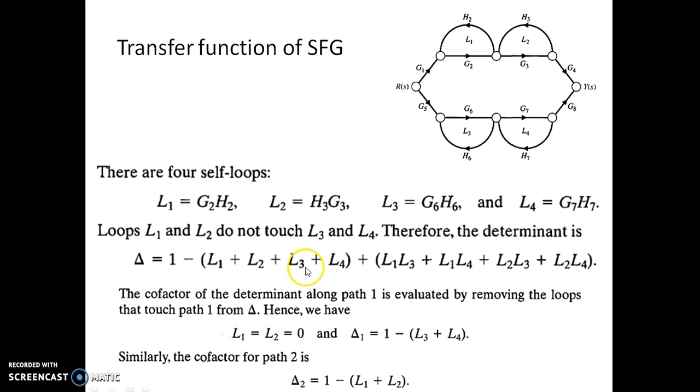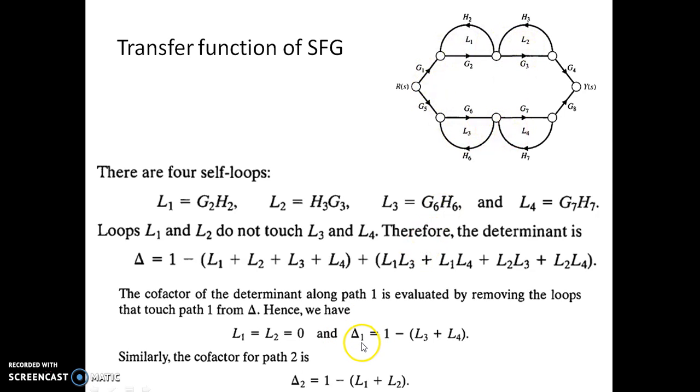And we have the forward paths, which are G1, G2, G3, G4, and one more forward path, G5, G6, G7, G8. If we consider G1, G2, G3, G4 as the first forward path, L3 and L4 are not touching that forward path.